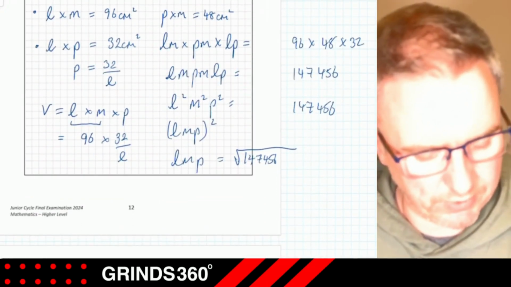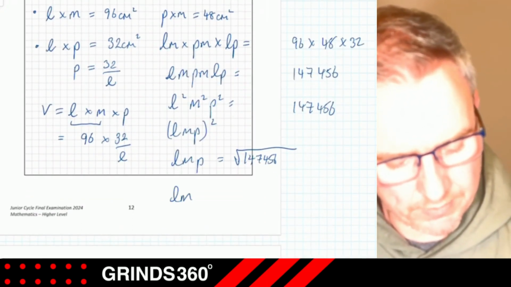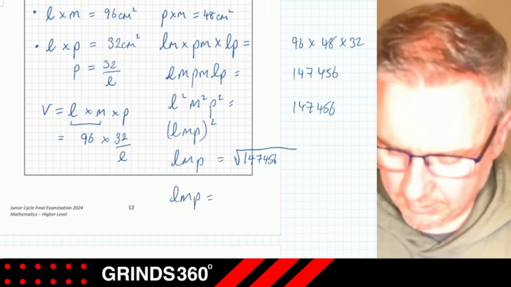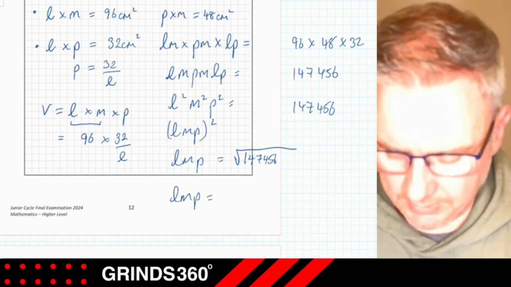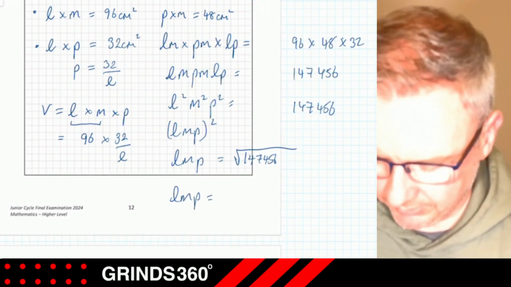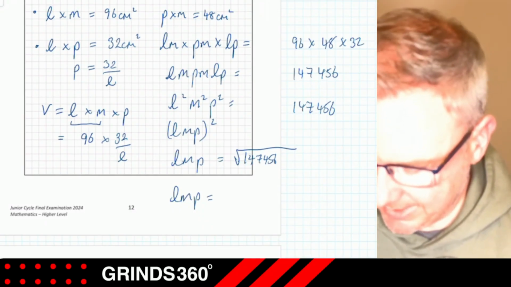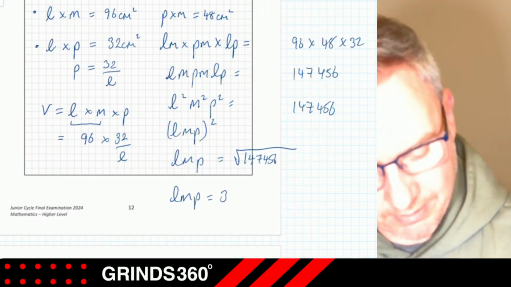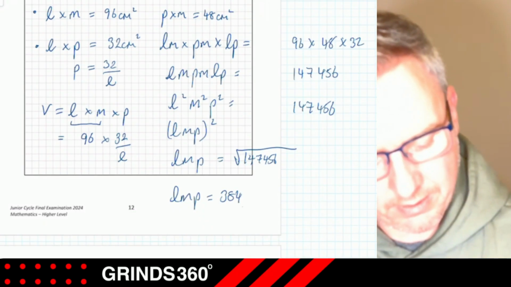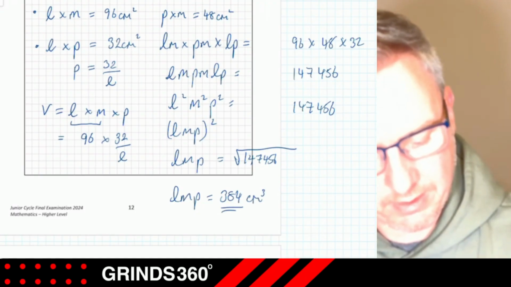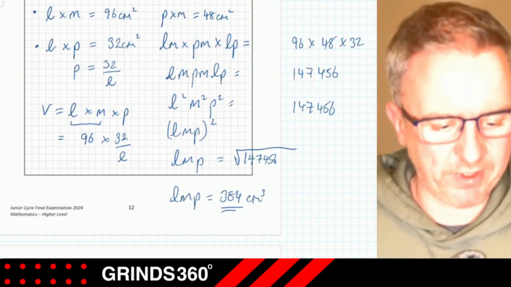Sorry, make sure that's on the screen for you there. So LMP, and you were talking about that coming in then as the square root of all of that. So a really tricky question, and it was only coming in back in for 5 marks.